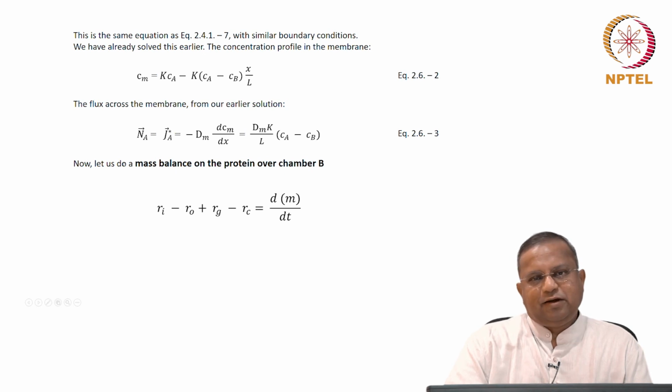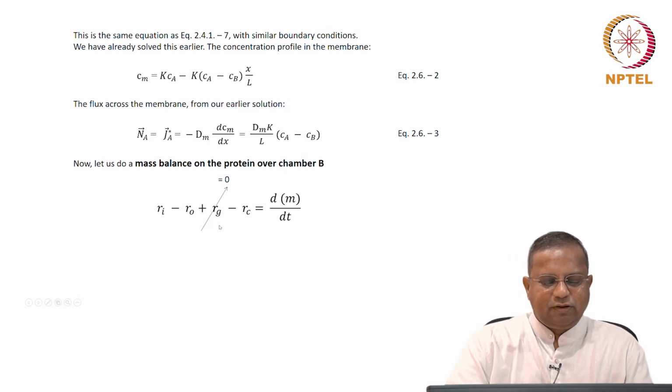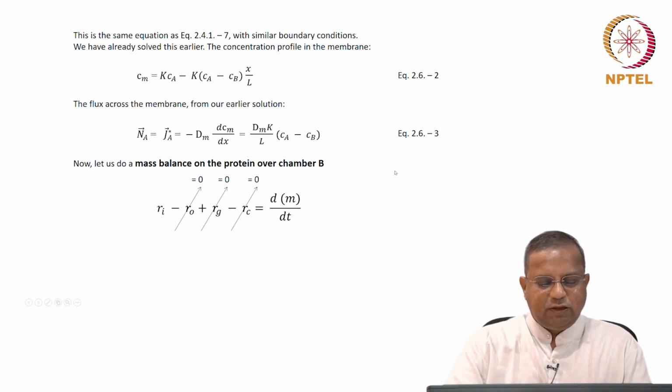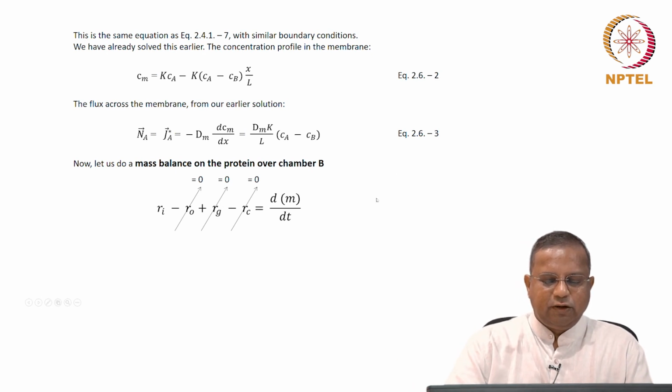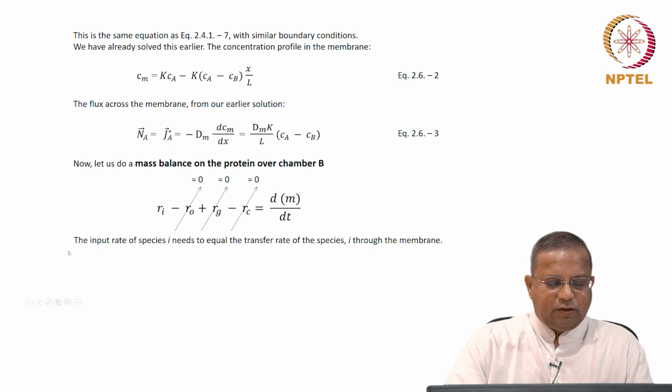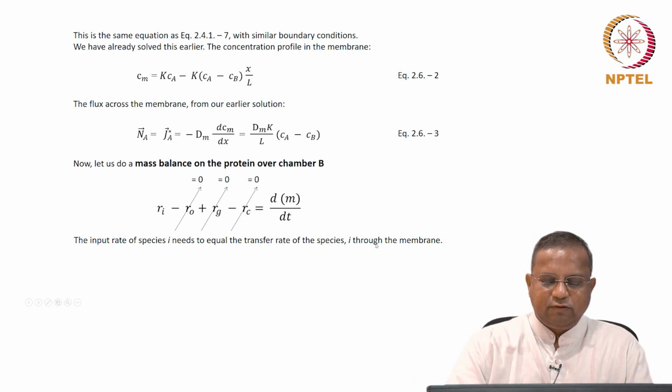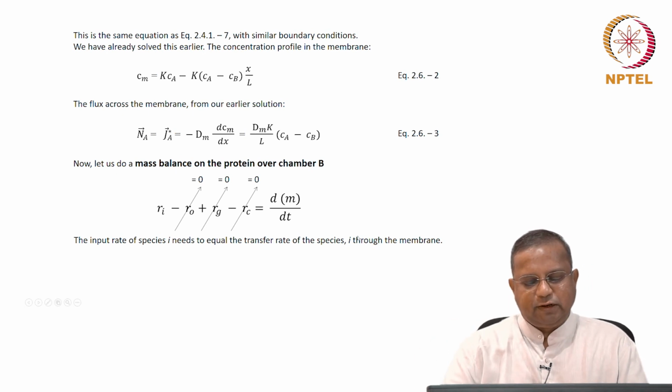So, this is the standard material balance equation. There is no generation of the species in chamber B. There is no output of the species from chamber B. There is no consumption. There is only input through the membrane, and of course, the species accumulates in the chamber. So, the input rate of the species into the chamber needs to equal the transfer rate of the species through the membrane, because that is the only route inside.